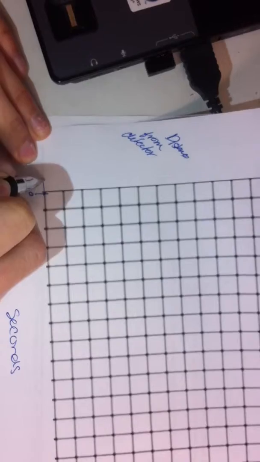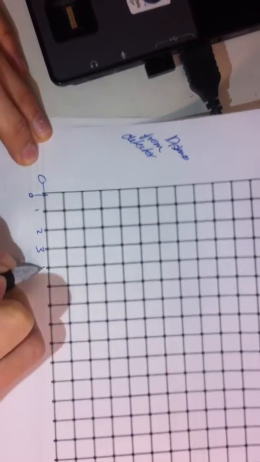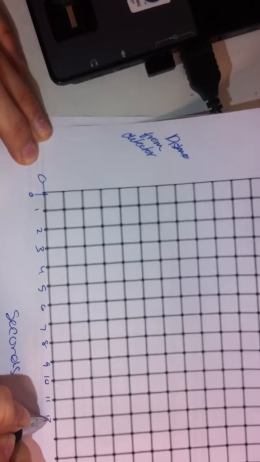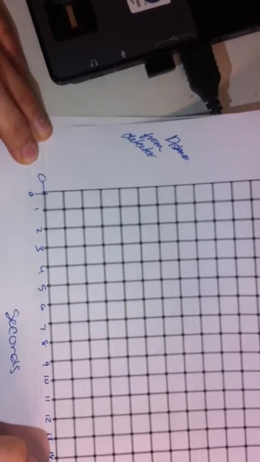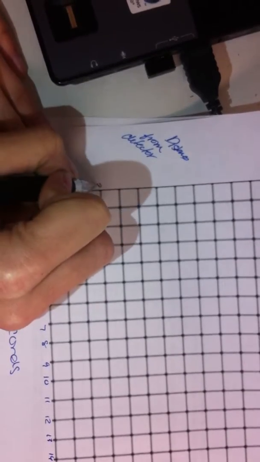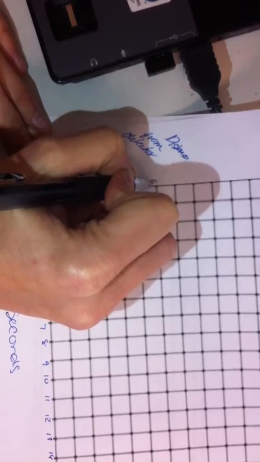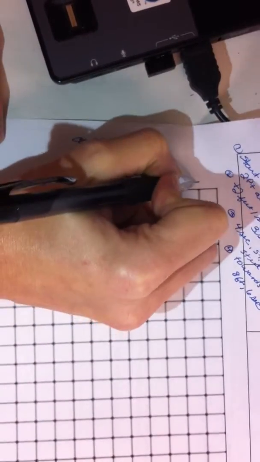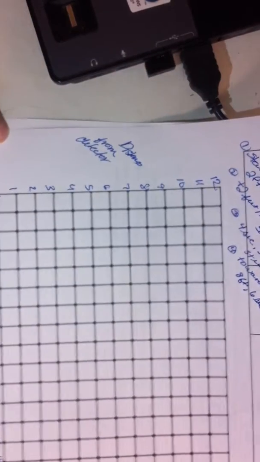So if we start at 0, 0, we have 1, 2, 3, up to 15 seconds, and we'll go by ones here as well. 1, 2, 3, 4, 5, 6 feet, 7 feet, 8 feet, 10, 11, 12. Okay, so here's the first thing.